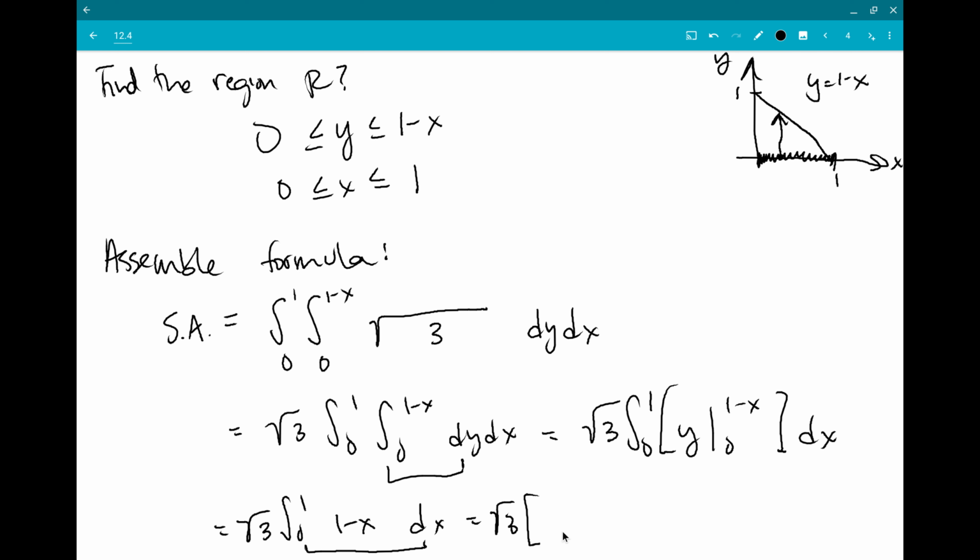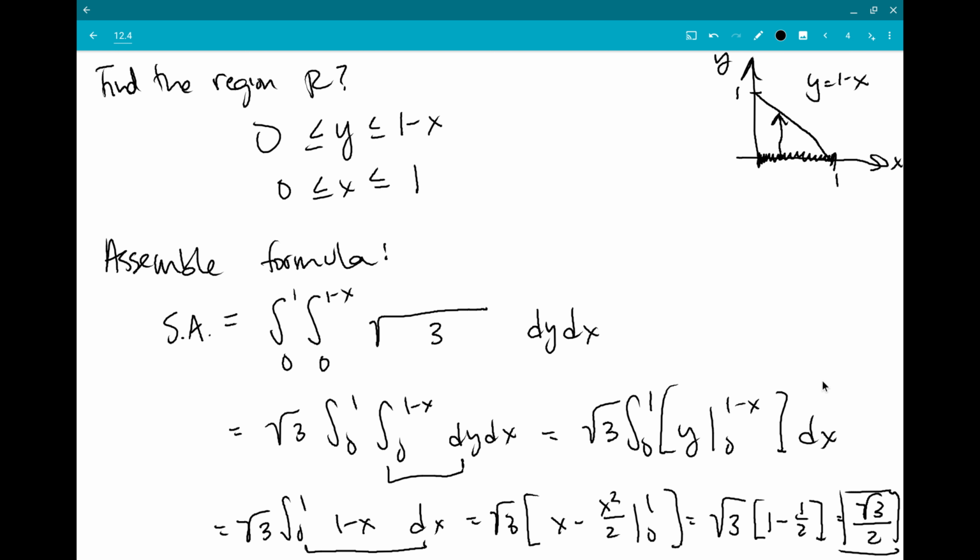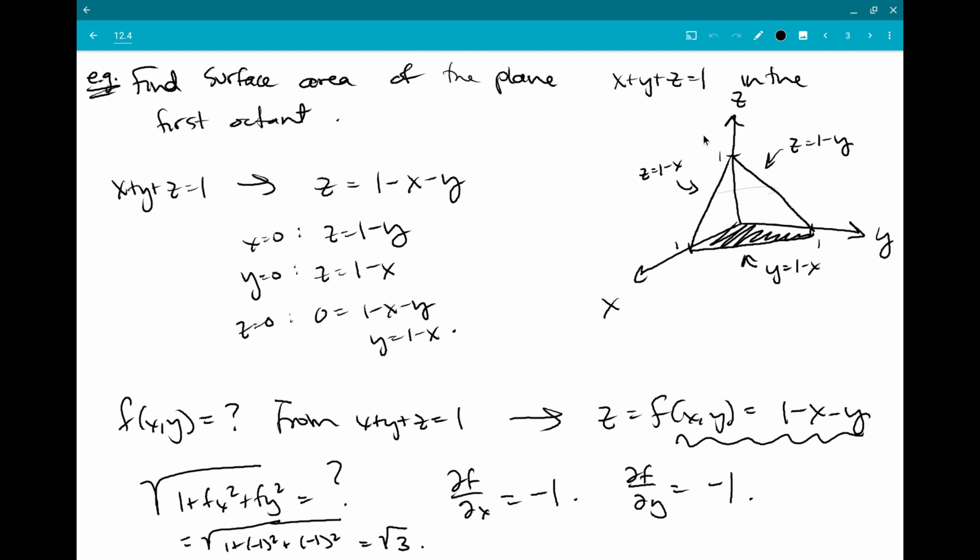So that's going to give me x minus x squared over 2, evaluated from 0 to 1. So that's going to be 1 minus 1 squared over 2, minus 0 minus 0. So we just end up getting root 3 over 2 for our answer. And if you went and calculated this surface area the geometric way, I'm sure you would get the exact same answer.